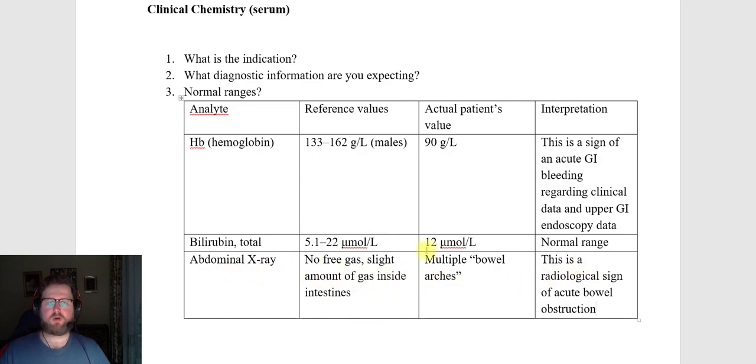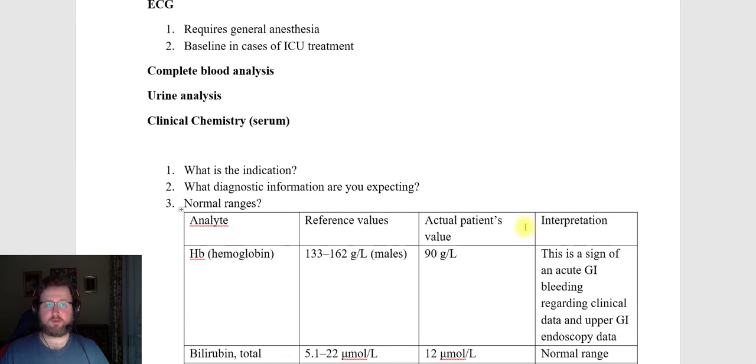So that's what you do for instrumental, for radiological methods, and here is what you do for laboratory methods.